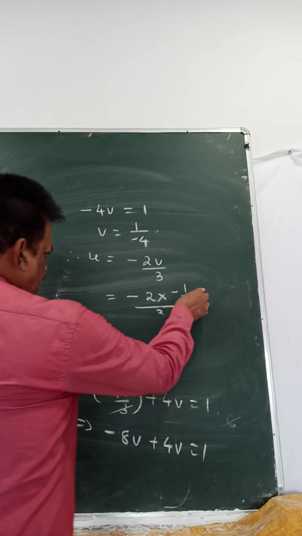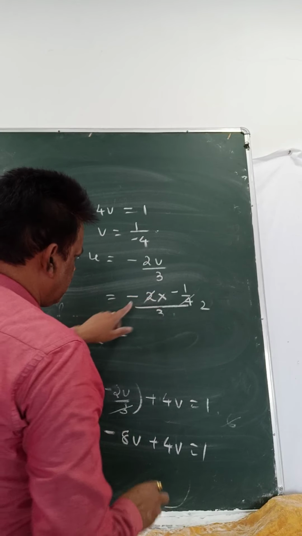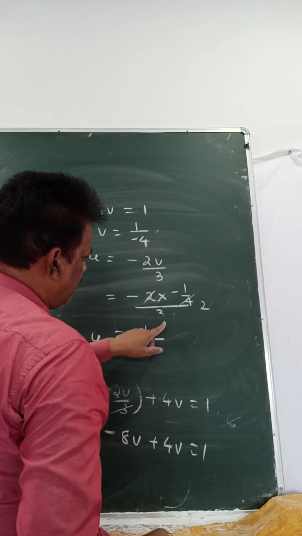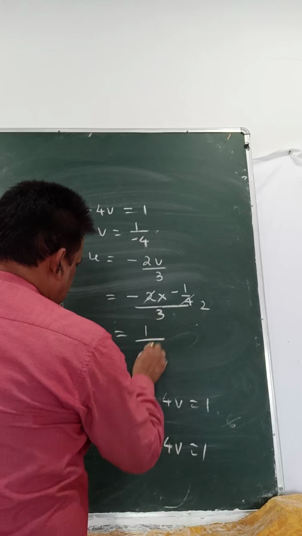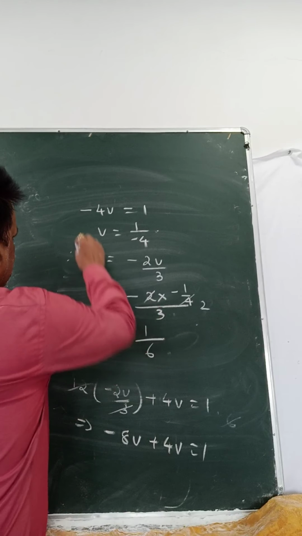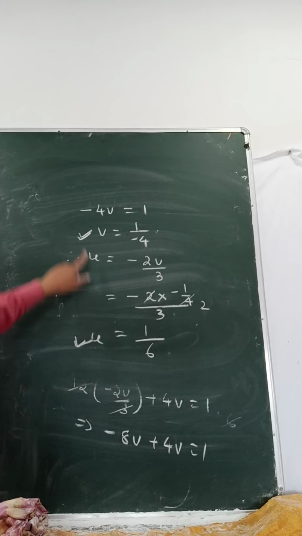So you can cancel the 2 here. So u equals minus minus plus 1 by 6. So v is this, u is this, but we need x, y, not u, v.